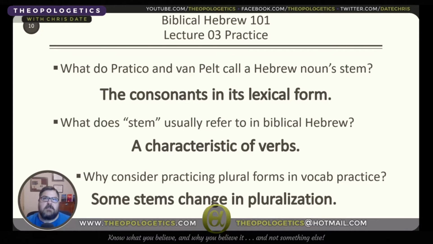So I'm just saying, this is why it's helpful. If all you have on your flashcard is ish, you might remember that its plural is anashim, but it wouldn't be something you'd easily figure out just by applying all the rules of pluralization, because it's not just the vowels that change, it's also the stem itself. And that's why it's useful, I think, to include plurals in your vocabulary practice.